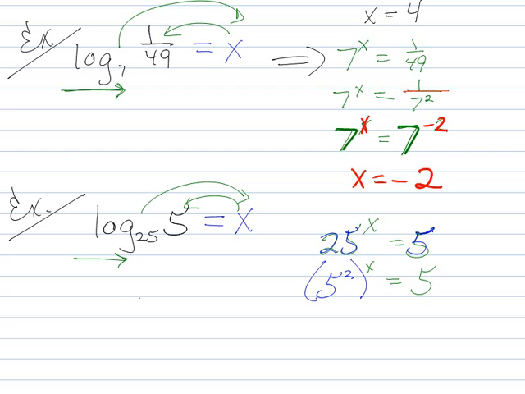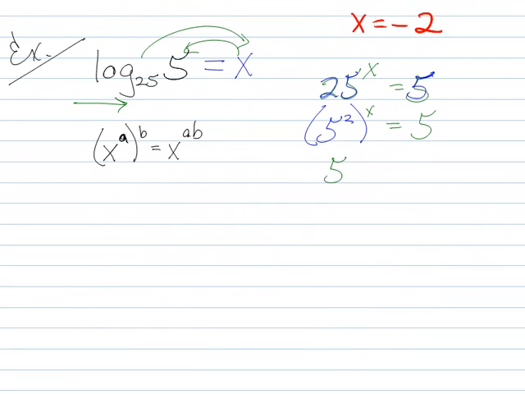Now hopefully you remember that x to the a to the b is equal to x to the ab. In that case, that means that we can now say 5 to the 2 to the x is 5 to the 2x. And then 5, and what's the super secret exponent up here?